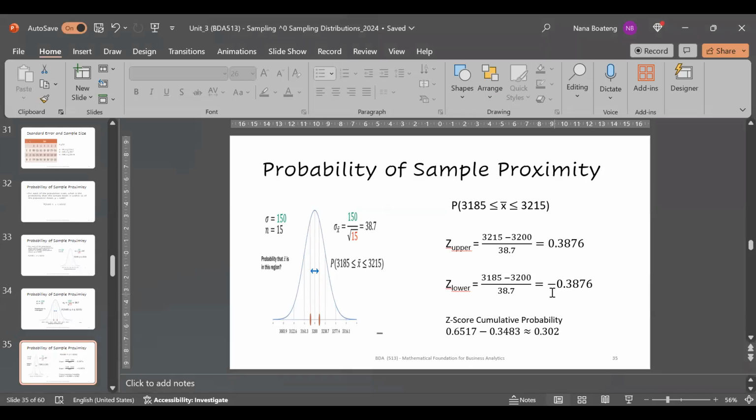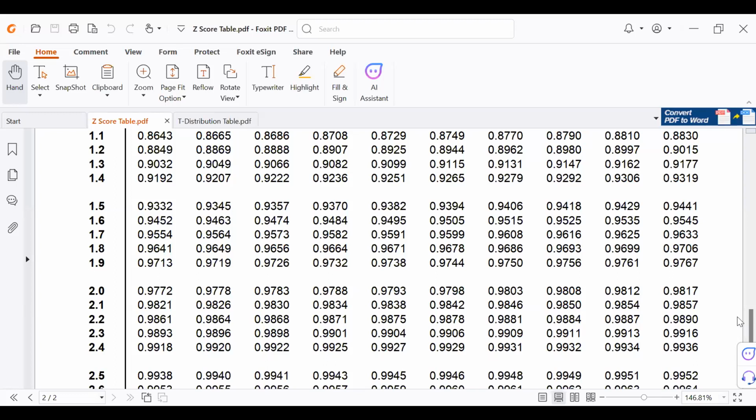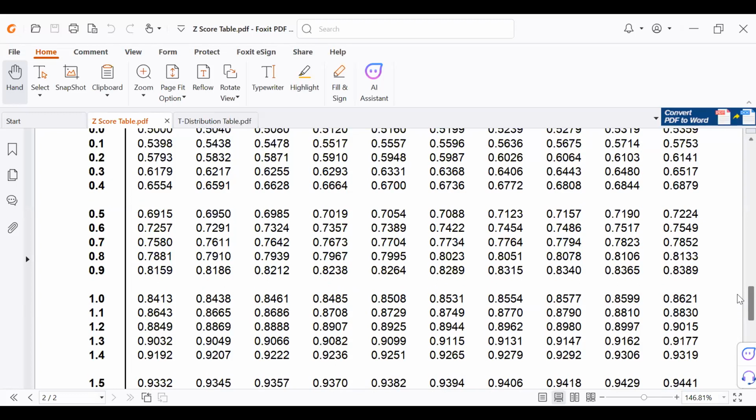Okay, so we have our z upper to be 0.3876. So let's see that from our z table. Let's make it approximately 0.39. When we come to our Z table, are you all seeing my Z table?